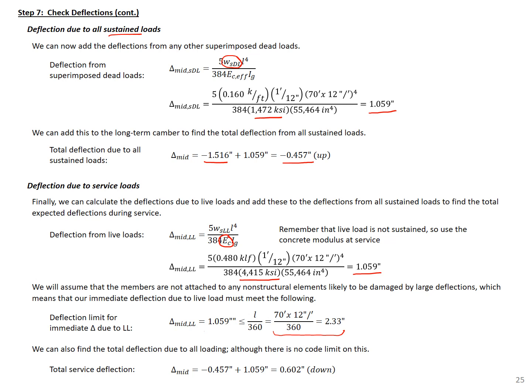Here we found about 1 inch deflection from our live load, and this is less than our L/360 of about 2 1/3 inches. We could also find our total deflection due to all the loading by taking our deflections from all of our sustained loads plus our deflection due to live load, which would give us our total service deflection of about 0.6 inches down.